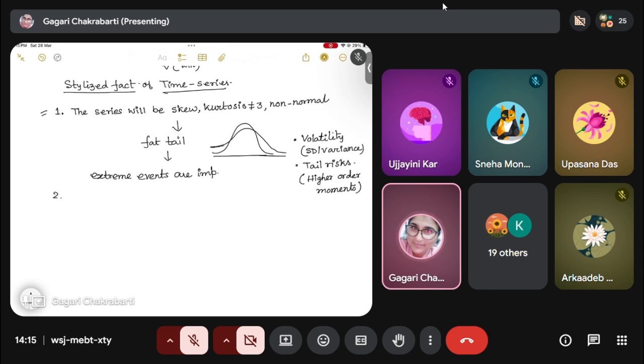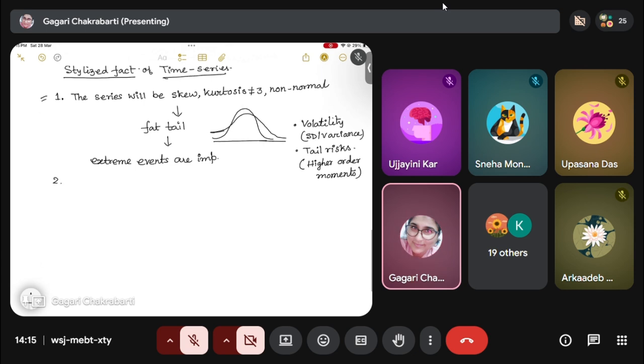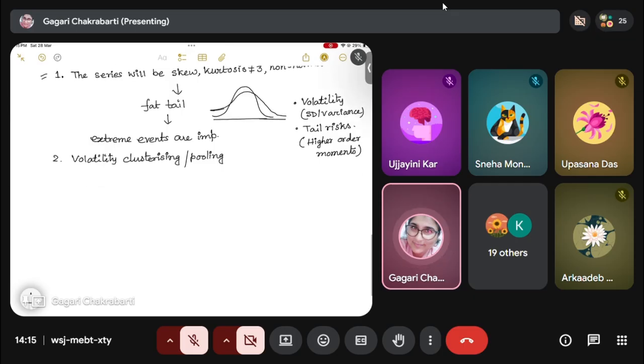সেকেন্ডলি হচ্ছে দেয়ার উইল বি ভোলাটিলিটি ক্লাস্টারিং অর ভোলাটিলিটি পুলিং। Volatility clustering or volatility pooling. What is meant by that?